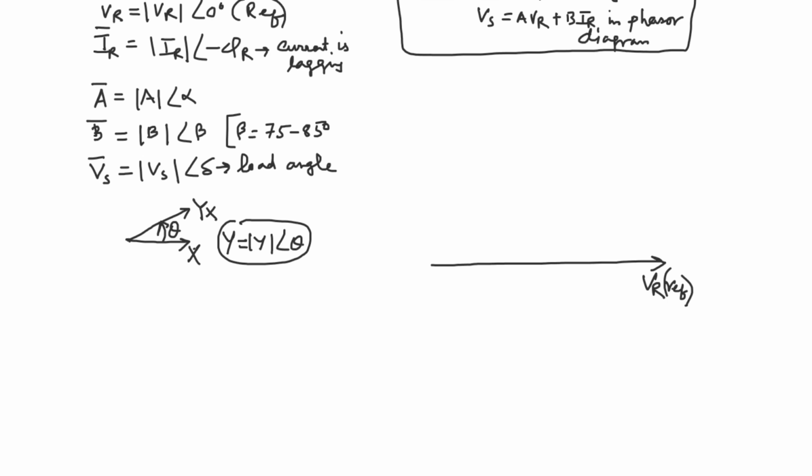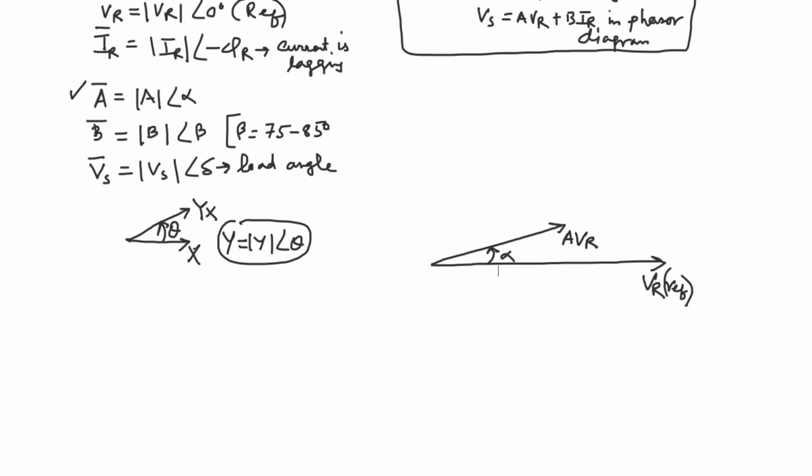So in this way, if VR is multiplied with A, A is contributing an angle of alpha, that is a positive angle. So AVR should be rotated by an angle of alpha. This should be AVR and this angle is alpha.